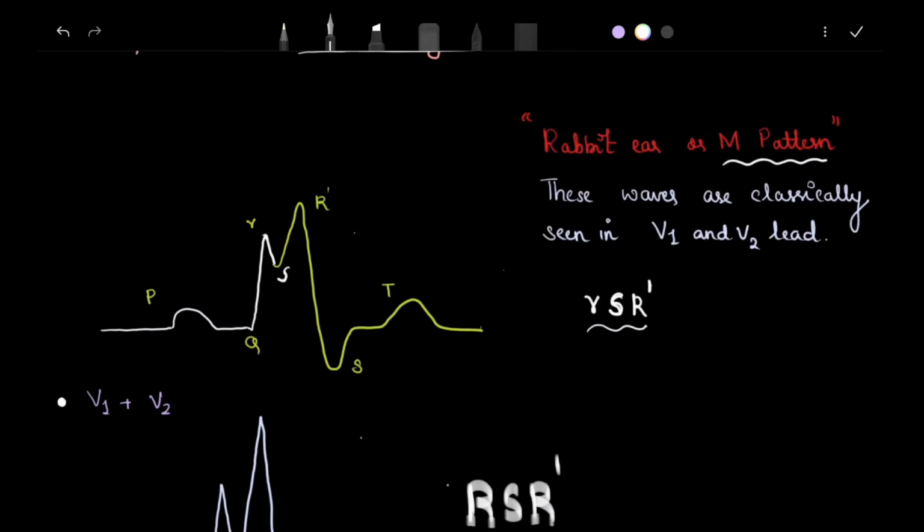We can give more priority to V1 and V2 rather than the less prominent V5 and V6. So concentrate on V1 and V2 to see the RSR dash pattern.